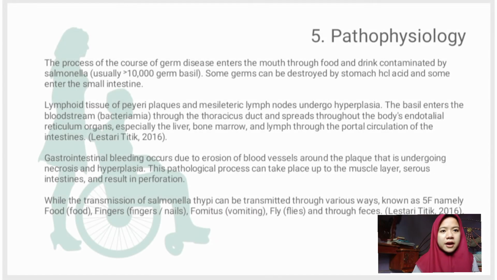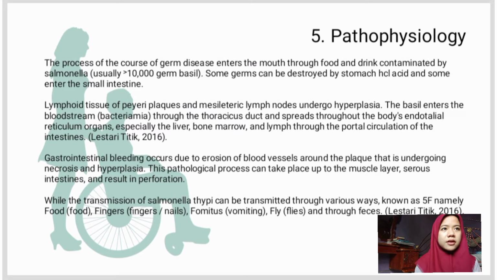And then number 5, pathophysiology. The germ enters the mouth and throat through food and drink contaminated by Salmonella. Some germs can be destroyed by stomach HCl acid, and some enter the small intestine.